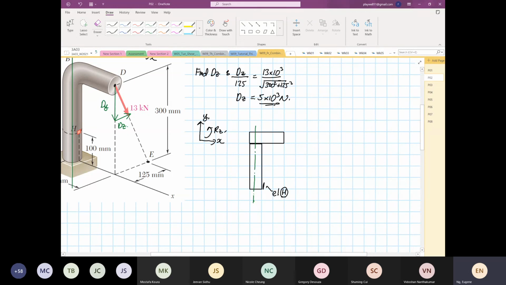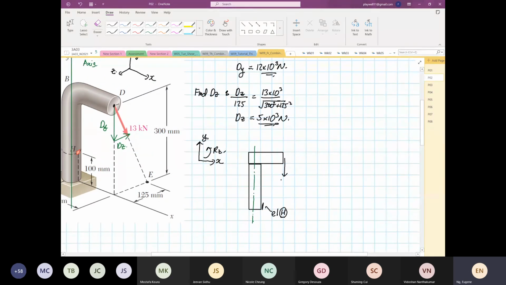By constructing this view, we know that we have two forces. One force will be our dy, so dy is 12 times 10 to the power 3. And then our dz, which is going away, is 5 times 10 to the power 3.